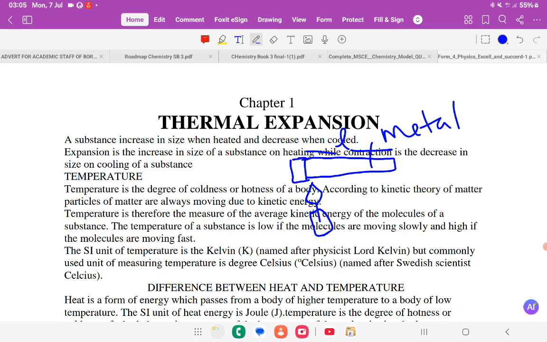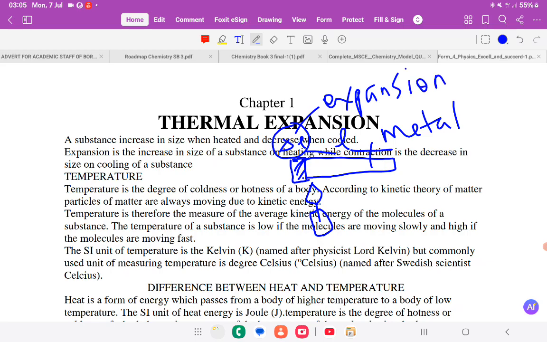You can call this delta L. So this small change in length due to heating is what is called expansion.